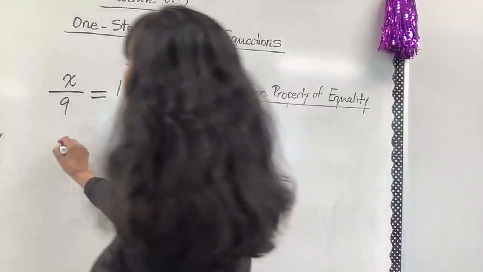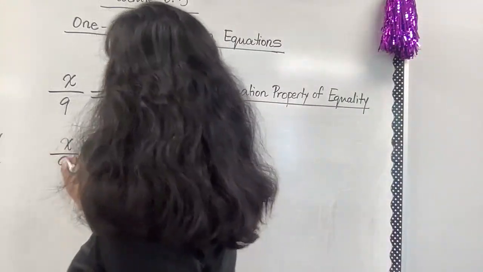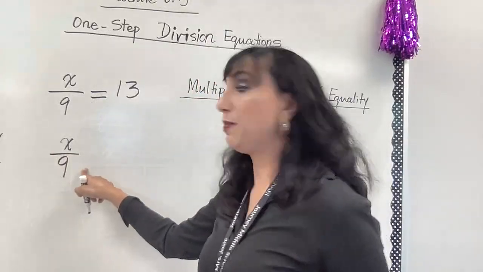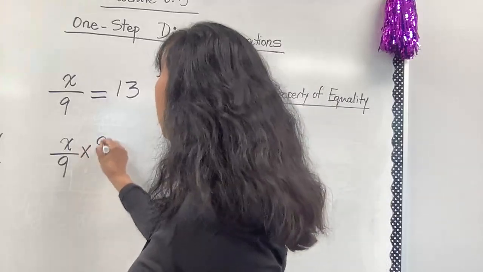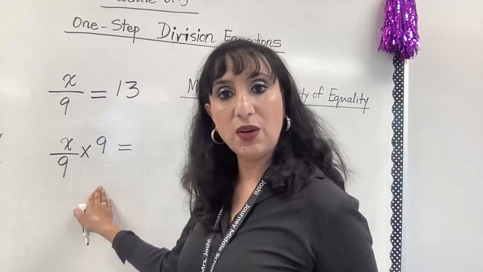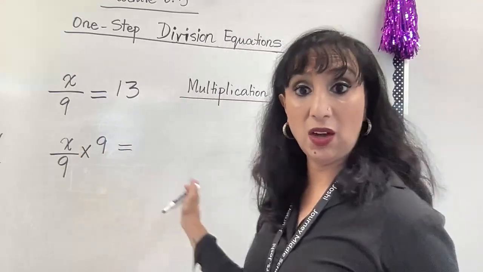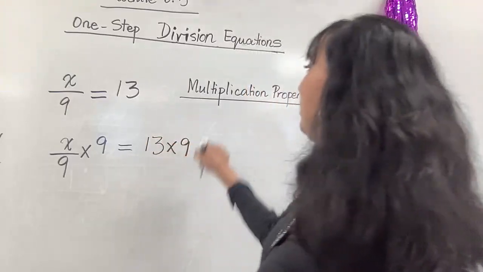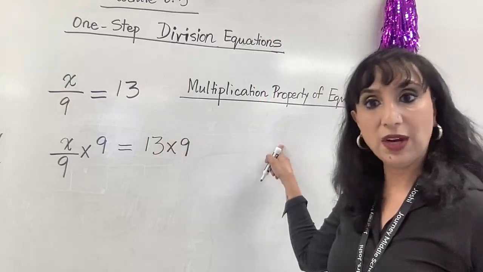So if I have x over 9, I am going to multiply with 9, because this is division. Whatever I do on one side of the equation, I'm going to do the same thing on the other. So this is 13 times 9, and this is the multiplication property of equality.